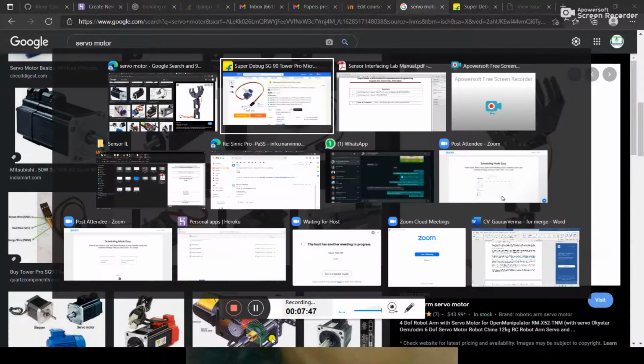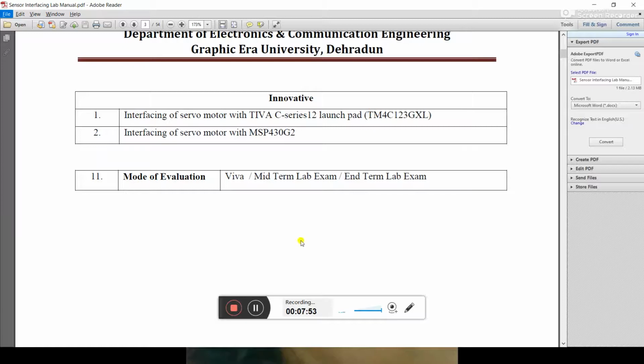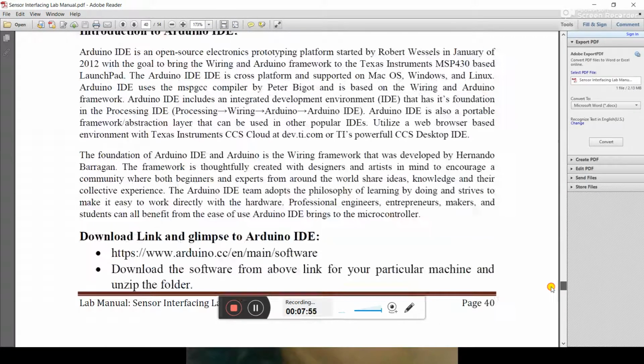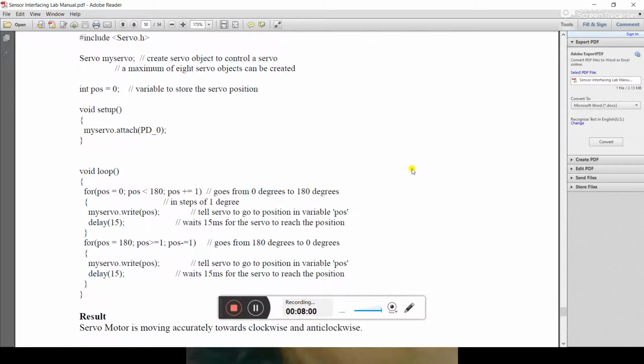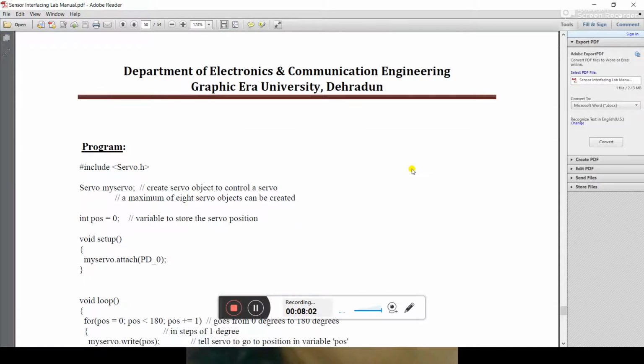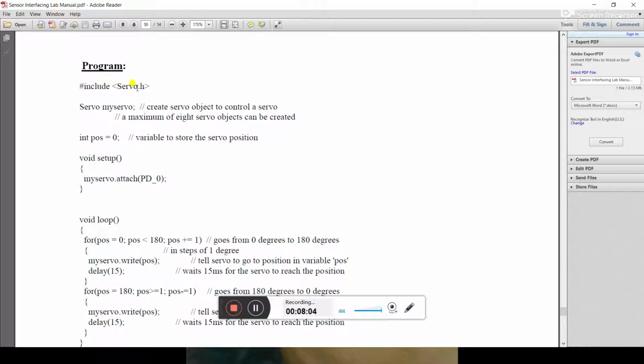One more thing is the coding part. Here is the program for the coding part. There is a servo.h header file, a library file which you can get from your Arduino library.